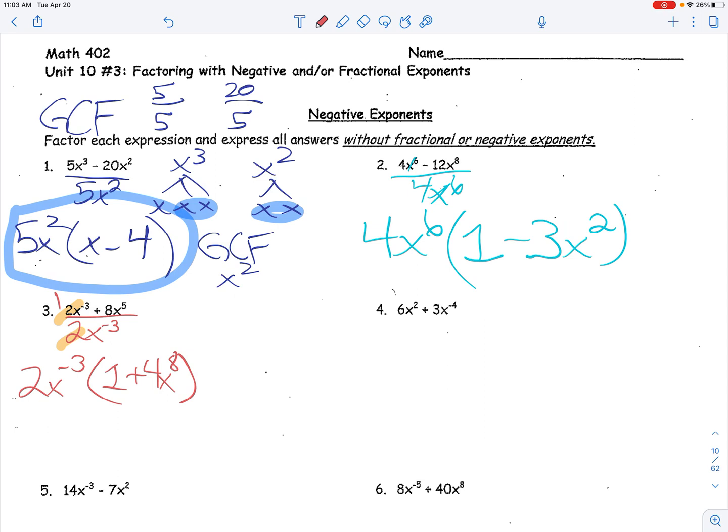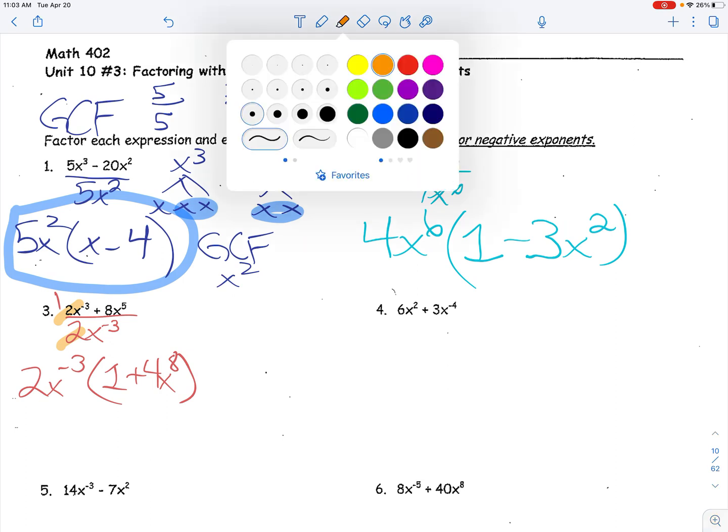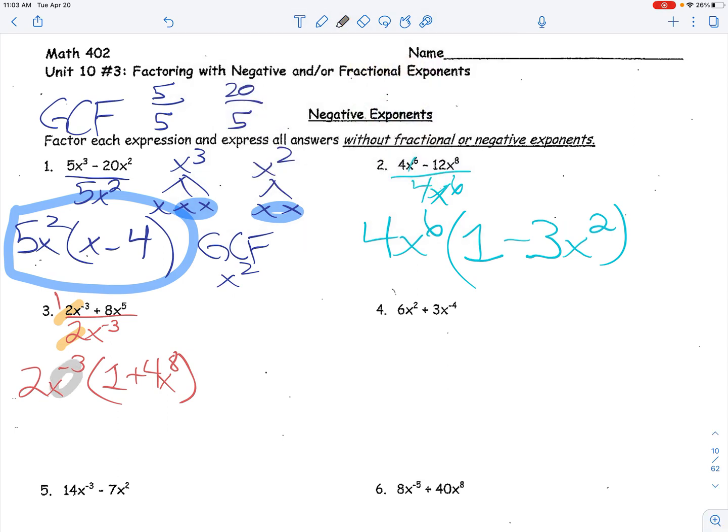All right, so here we go. Now we have to do a little bit more work here because we do have a negative exponent. We need to make this positive. It says without fractional or negative exponents. So we got to do a little location change. X to the power of negative 3, we'll move that to the denominator.